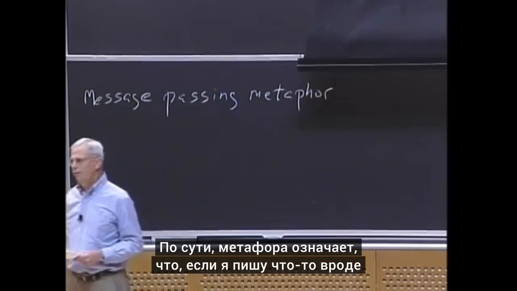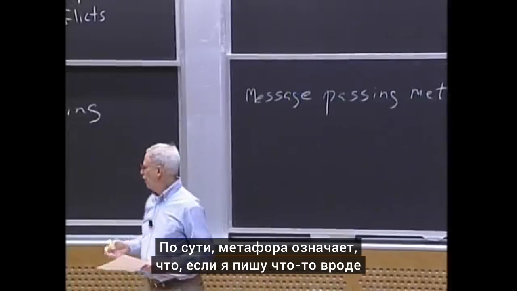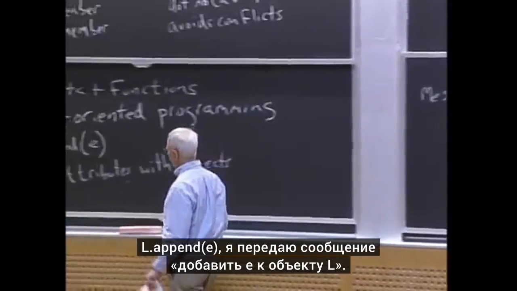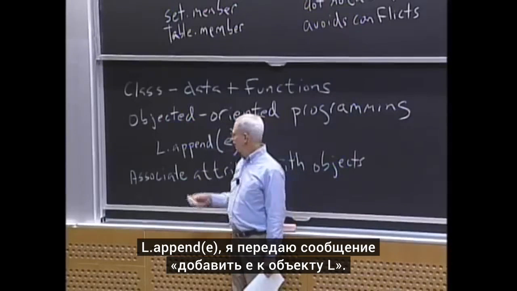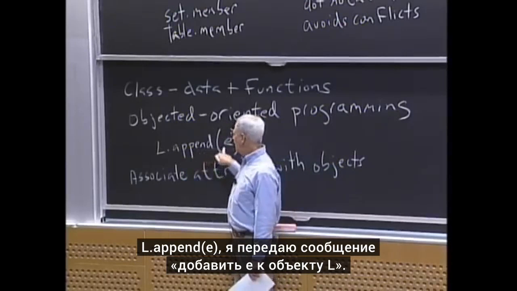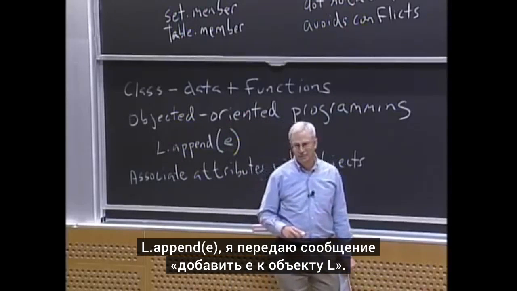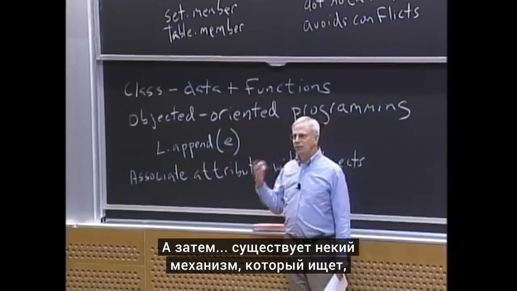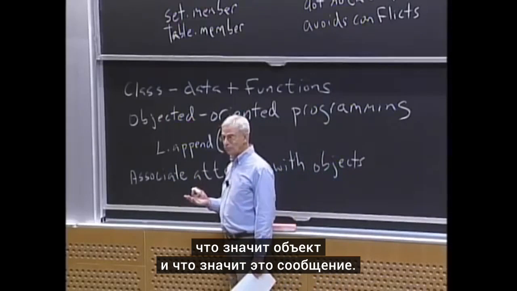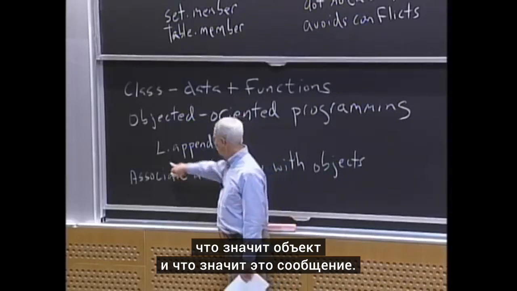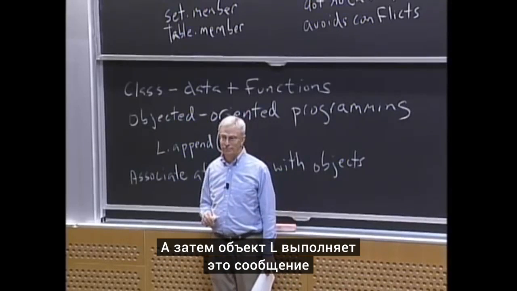The basic metaphor is that when I write something like L.append(e), I am passing the message append e to the object L, and then there's a mechanism for looking up what that message means, and then the object L executes that message and does something.